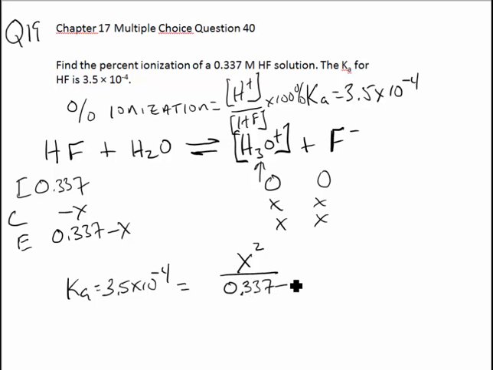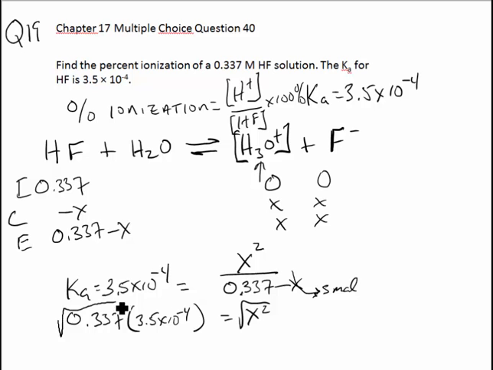0.337 minus X, but K here is 10 to the minus 4th, so that's going to be small, and our arithmetic ends up being 0.337 times 3.5 times 10 to the minus 4th equals X squared.